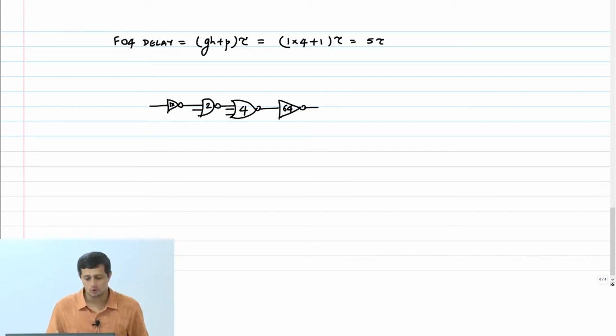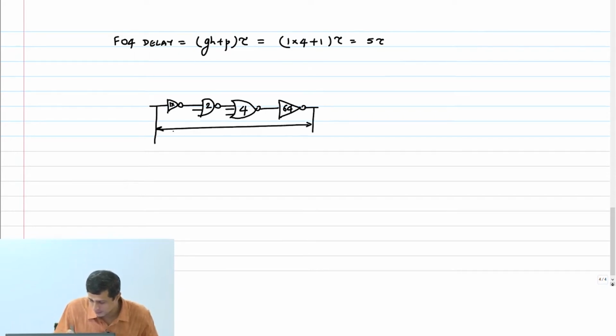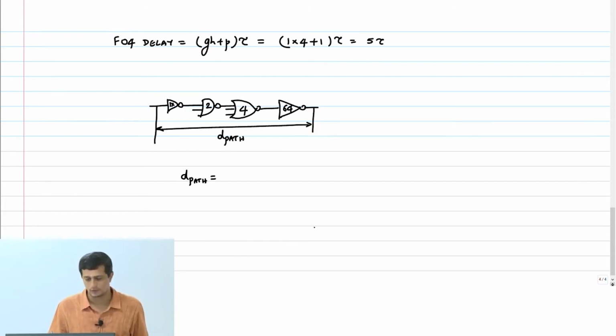So what I want you to do is now calculate the delay of this path, D path. D is simply the summation of the independent delays.